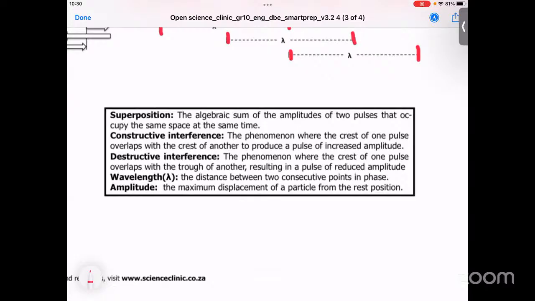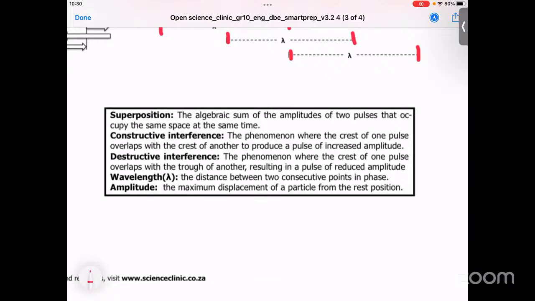Destructive interference is when the crest of one pulse overlaps with the trough of another pulse, resulting in a pulse of reduced amplitude. So crest to crest or trough to trough gives constructive interference, with an increased amplitude, and where we have a reduced amplitude, it is destructive interference.